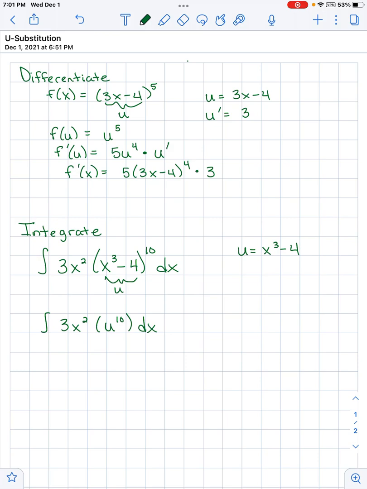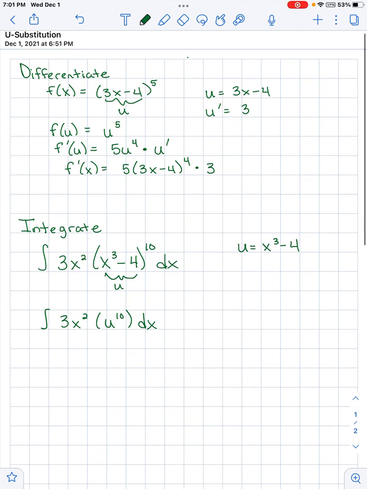And I'll show you why this is going to be helpful, but we just need to get there first. So if I find u prime, I'm going to call it du instead. Du over dx, the derivative of u with respect to x, is 3x squared. And du is 3x squared dx.